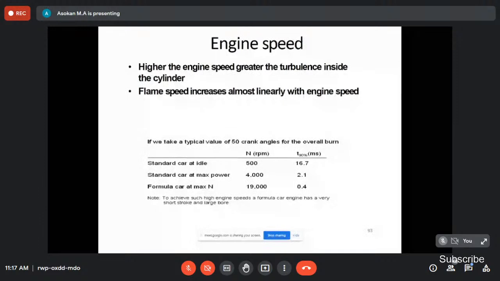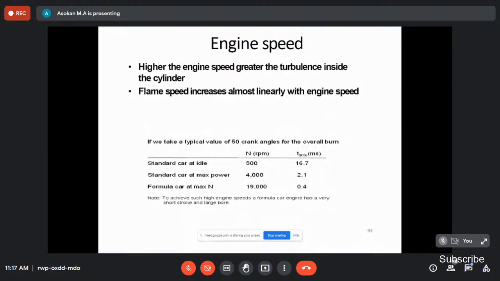If you go to a Formula car at 19,000 RPM, what is the time taken to burn the fuel? 0.4 milliseconds. So if we increase the speed, we can decrease the flame traveling time, so the velocity of the flame increases. That's why with complete combustion, the pressure increases every time.